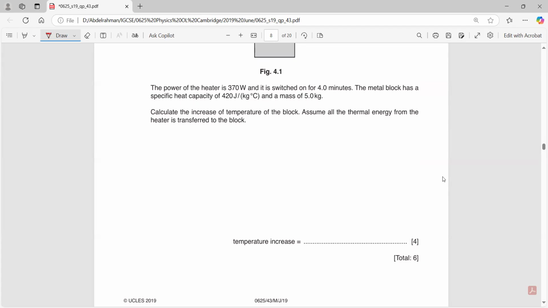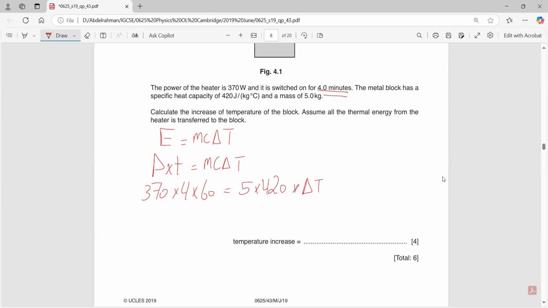So instead of E equals mc delta T, I need power times time equals mc delta T. The power is 370, the time is 4 minutes, but you need to convert these minutes into seconds by multiplying by 60. You have the mass, which is 5 kilograms, and the specific heat capacity, which is 420, times delta T. To find delta T, this would be 370 times 4 times 60 divided by 5 times 420.